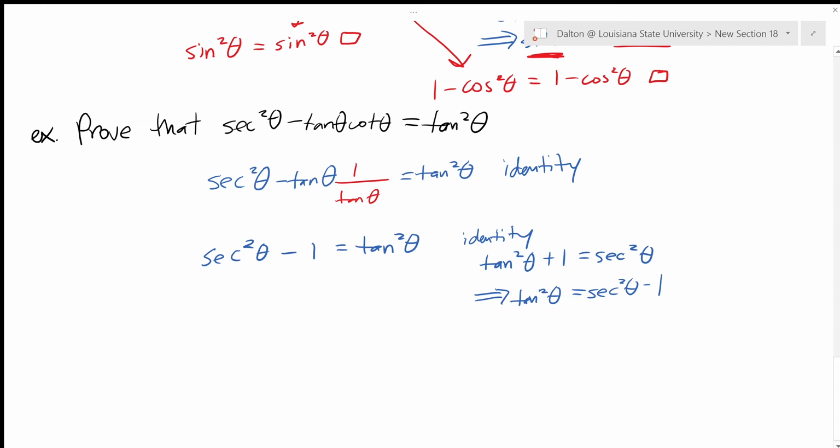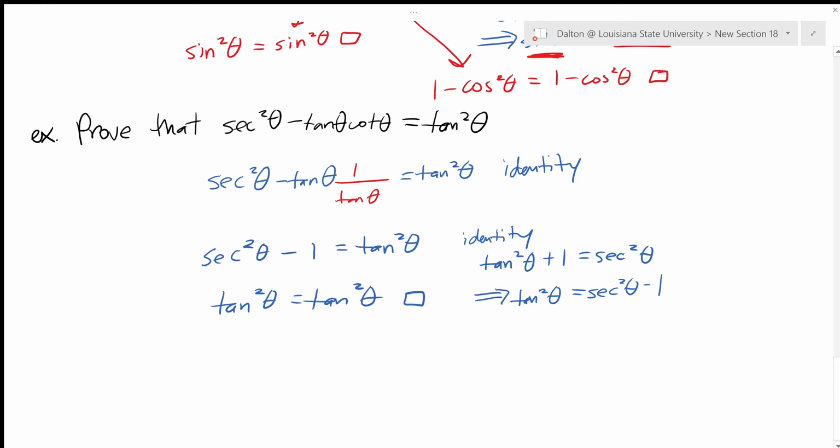Now, you can do just like we did last problem. You can either change secant squared theta minus 1 to tangent squared, or tangent squared to secant squared minus 1. Either one. So after that, tangent squared theta equals tangent squared theta.